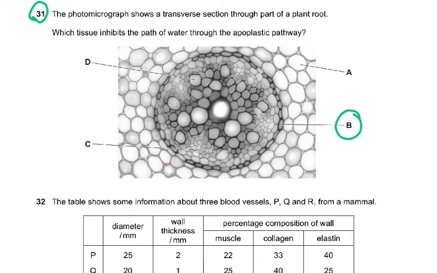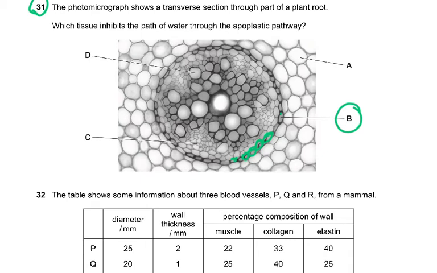You know that is the endodermis, which contains cells lined with suberin, and that forms the Casparian strip. The endodermis is this outer layer. Then we have the pericycle, and then the xylem and the phloem. So the answer was B, the endodermis.